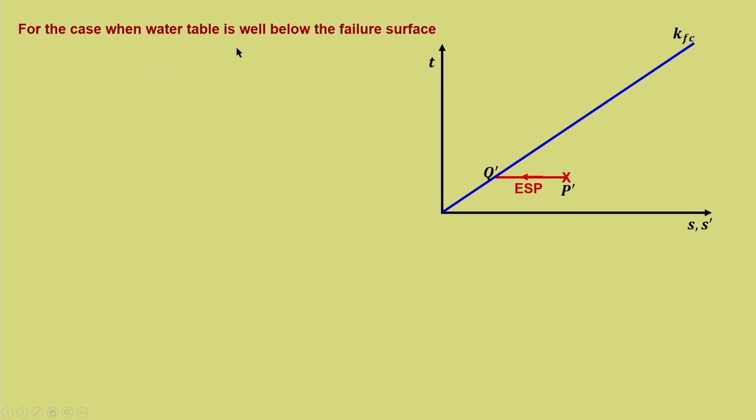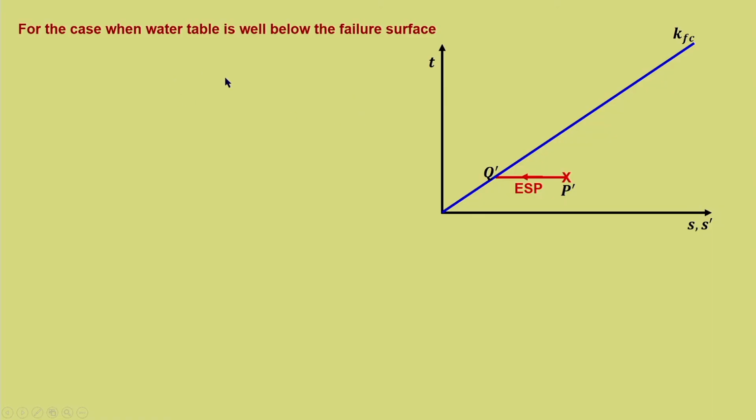This is for the case when the water table is well below the failure surface. Now, we have considered the case where the water table is above the failure surface. Here, let us try to see what difference it will make from P dash Q dash if the water table is well below the failure surface. What is the implication when the water table is below? When the water table is below, the pore water pressure along the failure surface will be initially negative.